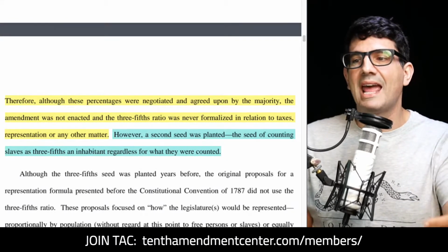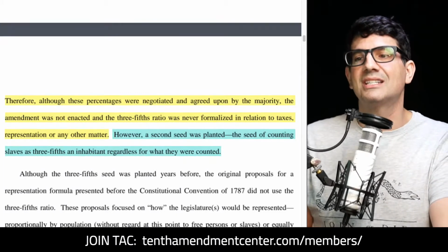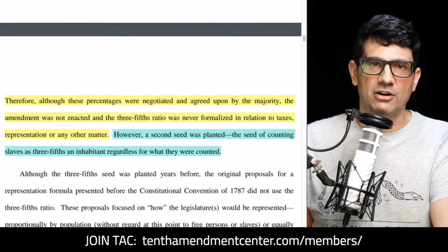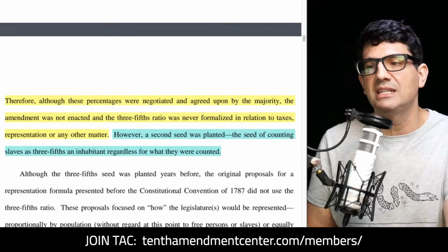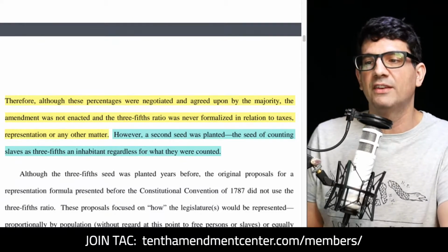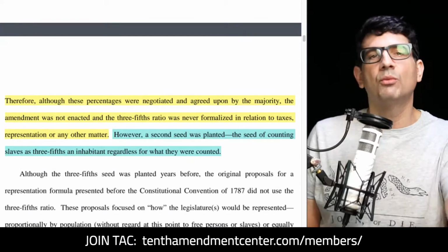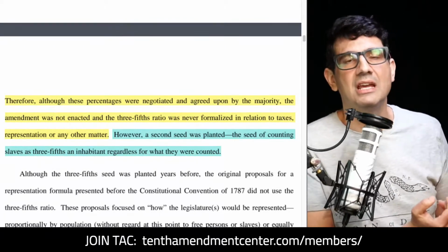The amendment was not enacted, and the 3/5 ratio was never formalized in relation to taxation, representation, or any other matter. But a seed was planted, the seed of counting slaves as 3/5 of inhabitants, regardless of what they were counted for. It really started back then, and it came out of the problems of taxation and war.